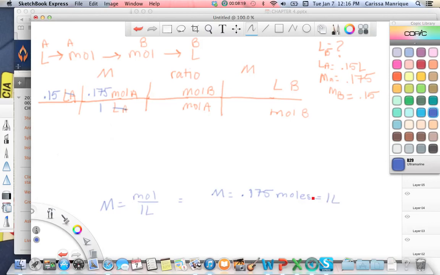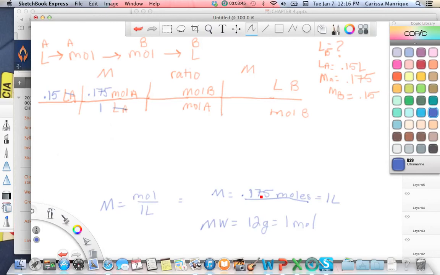So in 1 liter, there's that many moles. So the number always goes with moles. So kind of like when we had a molecular weight, and that was in grams, so let's say 12 grams equals 1 mole. It's the same kind of thing, except now the number goes with moles.